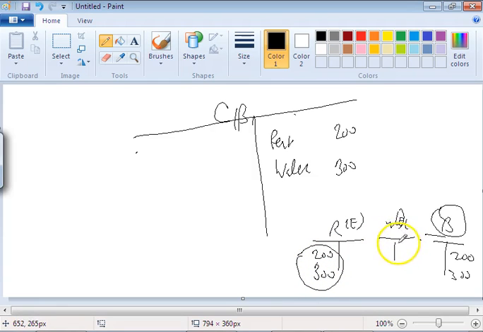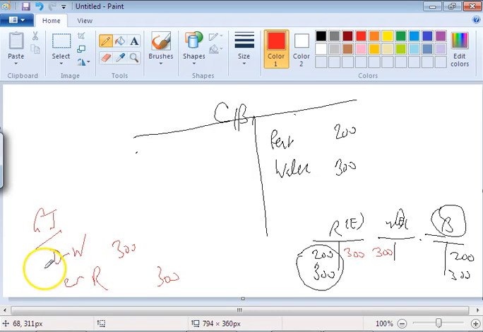And how do we fix this? Well, it's pretty simple. We need to get 300 out of here into here. So we put 300 here and 300 here: credit rent and debit water. And of course we write that entry in the general journal by debiting water and crediting rent with 300, being the correction of an error.